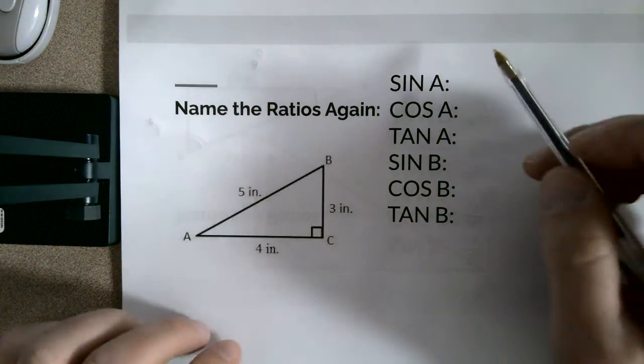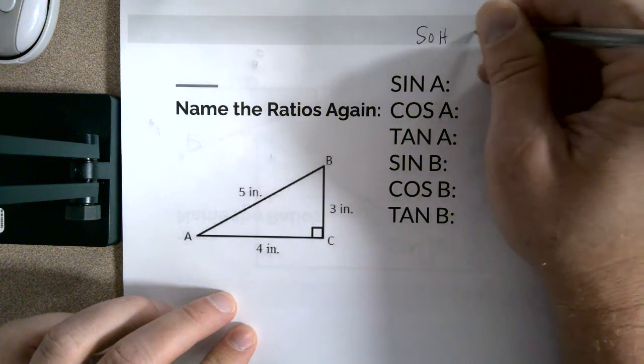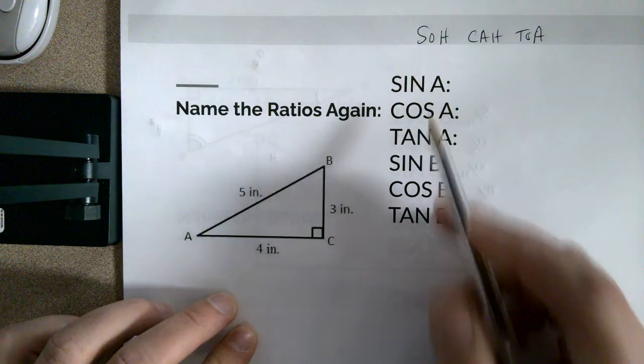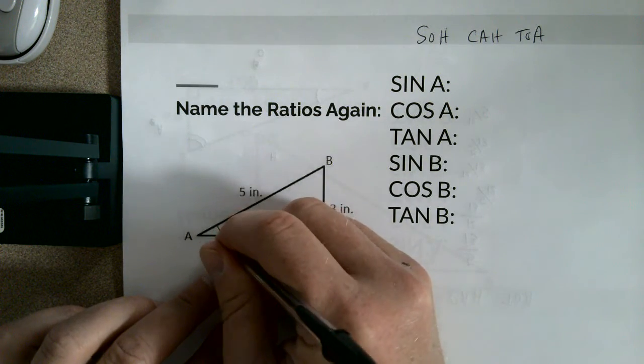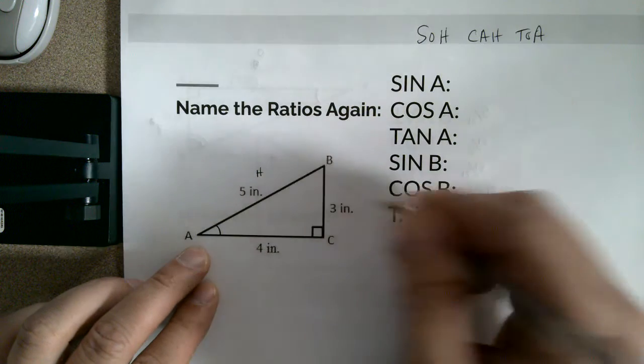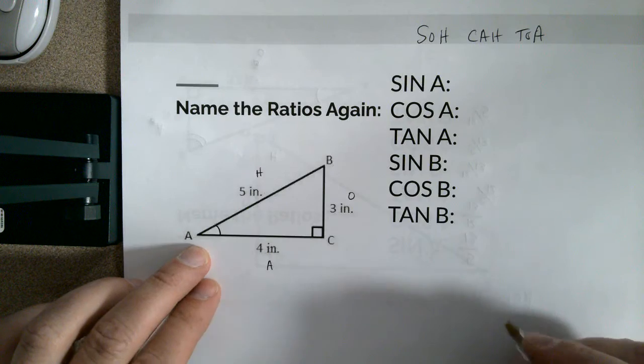Okay, seems like most of you are ready to go through this, so let's check them real quick so you can see how you did. So Soh Cah Toa, remember? First one, we're finding the sine of A. If I mark in my picture for A, here's my hypotenuse, here's my opposite, here's my adjacent.